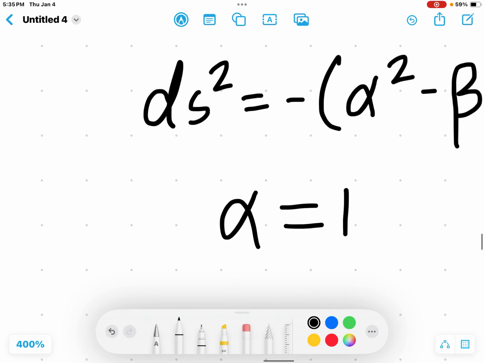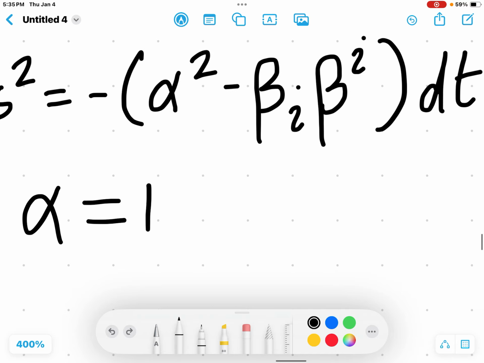Alpha is set to 1. This is actually the lapse function. What you can think of is that it's the way that clocks tick between these hypersurfaces. So basically they tick at 1 unit every time. So yeah, that's why he did that.